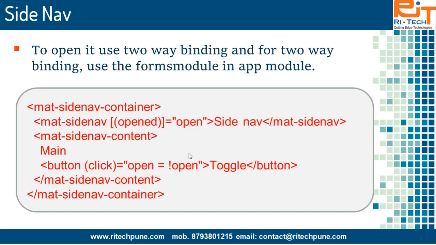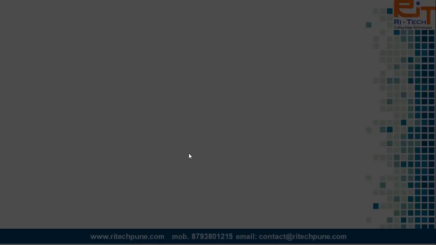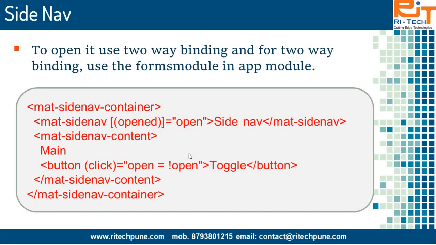We can attach it to some property from a class. In the class we can create a property called open, assign that to the opened property, and use two-way binding with that. So banana in a box. And if you want to use two-way binding, then we need to use the FormsModule in your app module, because FormsModule provides all the syntax for two-way binding here.